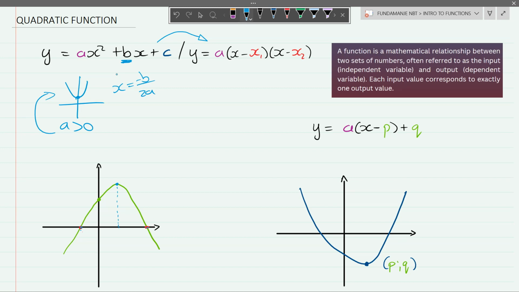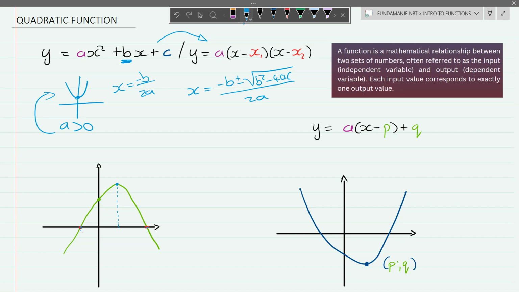And how we get these values is either through factorization and then finding the values themselves, or we use what's known as the quadratic formula, which is x is equal to minus b plus or minus the square root of b squared minus 4ac, all over 2a.